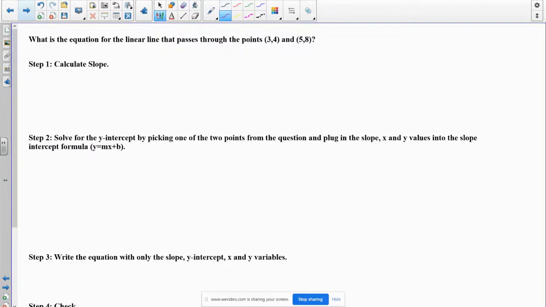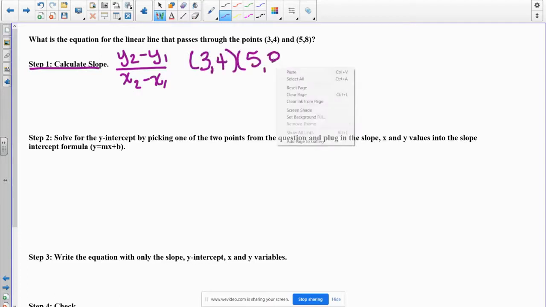So step 1, and I wrote it nicely here for you. We're going to calculate the slope, and we're going to calculate it using y2 minus y1 over x2 minus x1. So you're going to take these points 3, 4, and 5, 8.